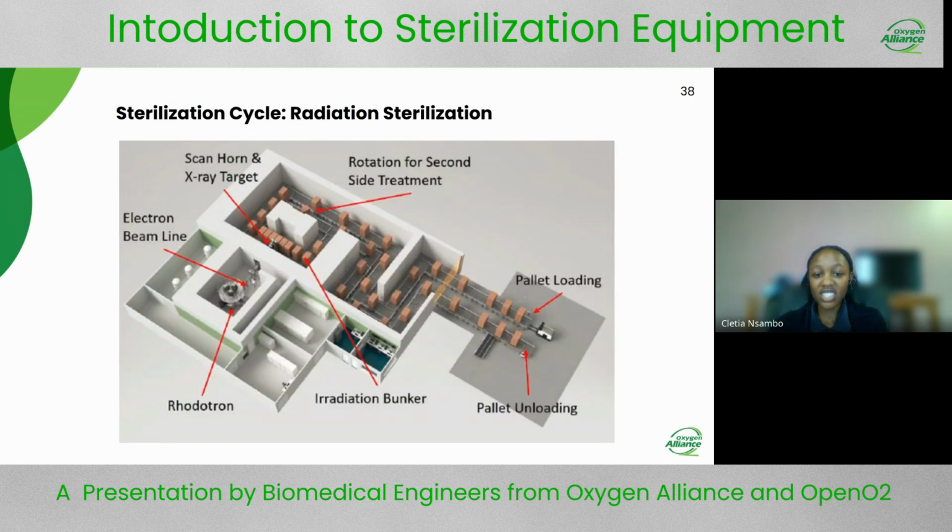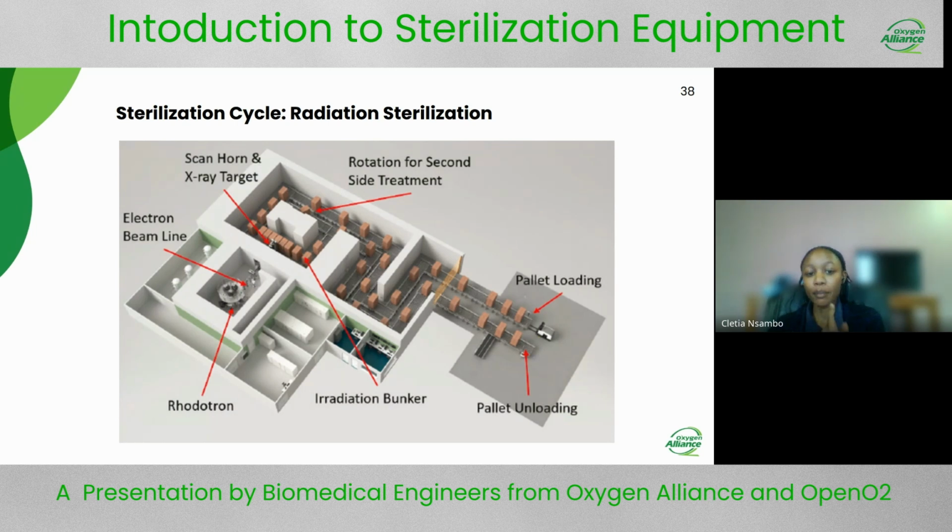So this is just a pictorial view where, as I said, depending on your facility, other people load their items to be sterilized in pallets, others in containers. So you have a loading station where you load the items to be sterilized.